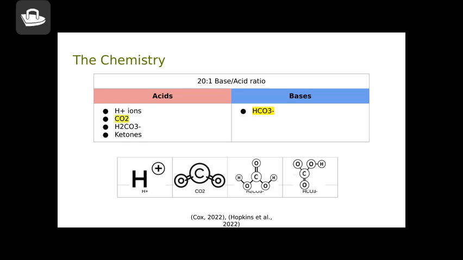And then our bases, the main one is bicarbonate. The chemical structures are on the bottom. I like chemistry and I like visualizing stuff, so that's just for reference. We'll see what these molecules do and how they're related in the bloodstream in the next slides.